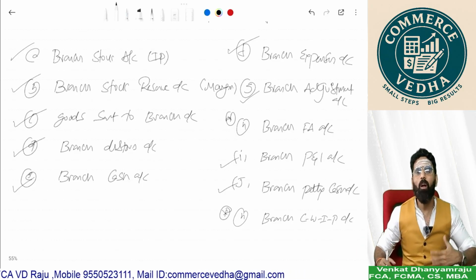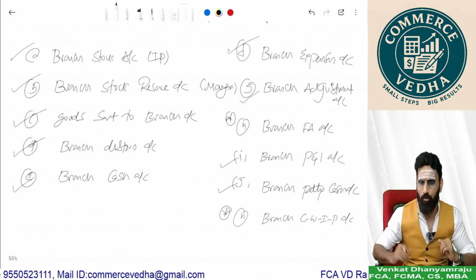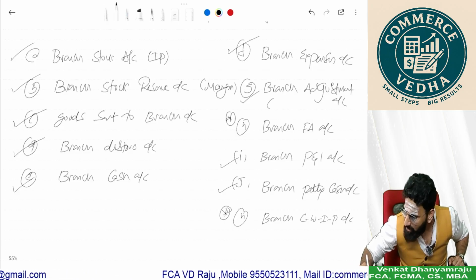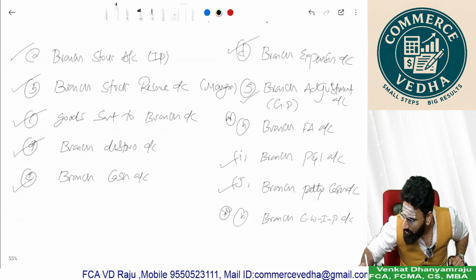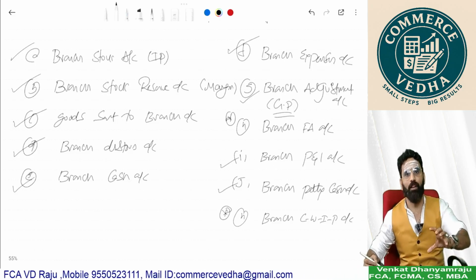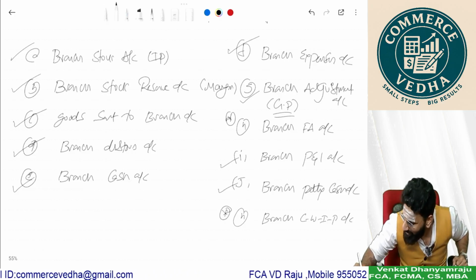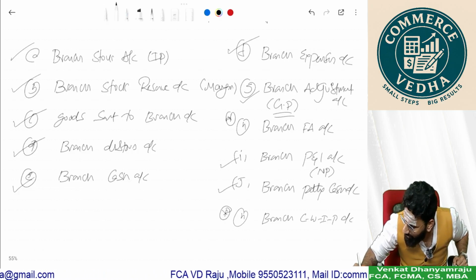Now, what is the purpose of these accounts? Your branch adjustment account is for gross profit, and your P&L account is for net profit.